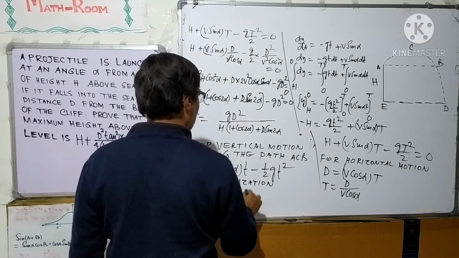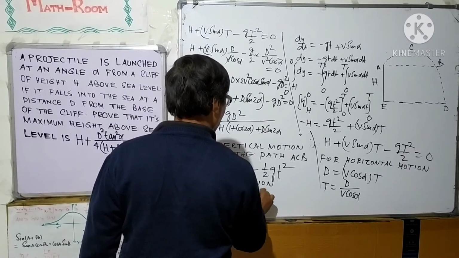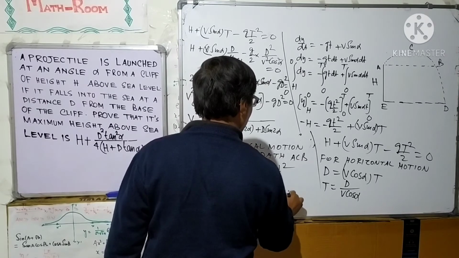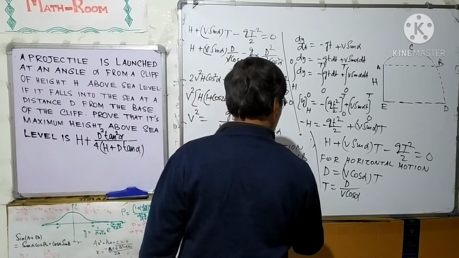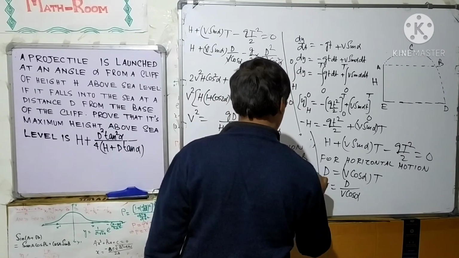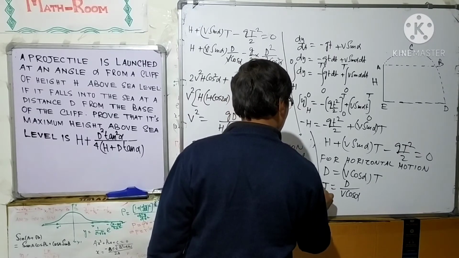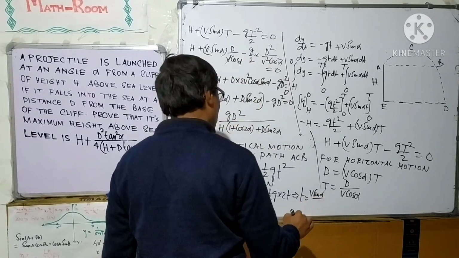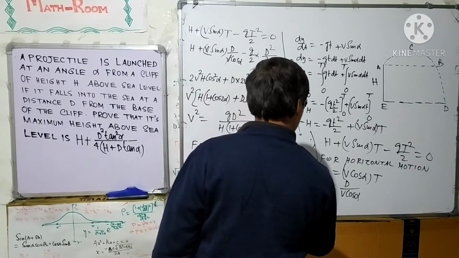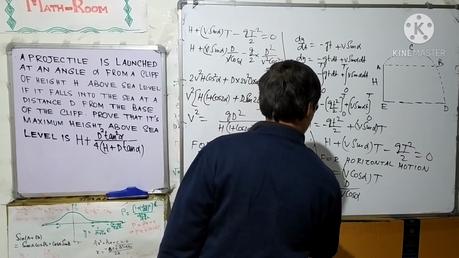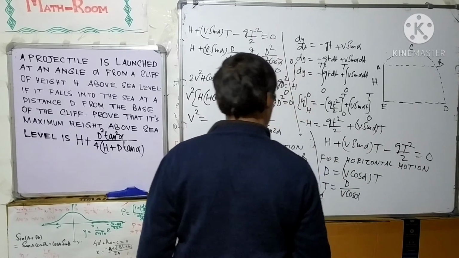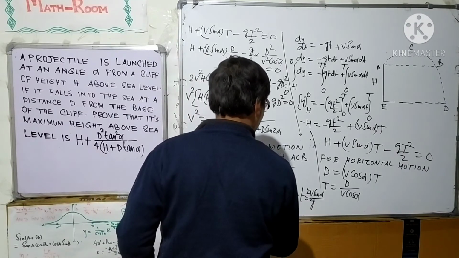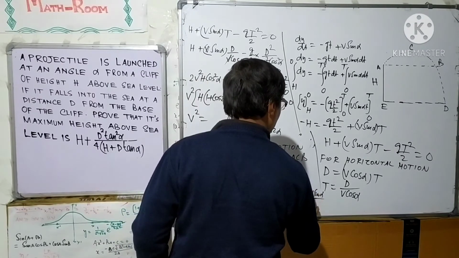This implies V sin alpha minus half into g into 2t equals 0, so t equal to V sin alpha over g.